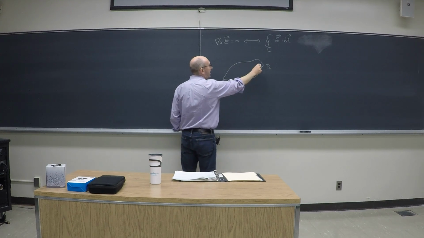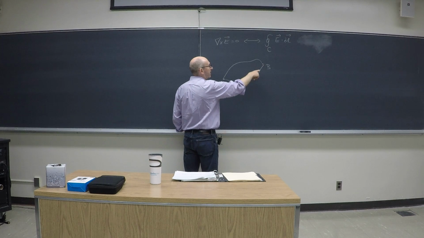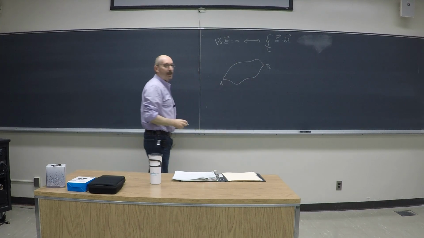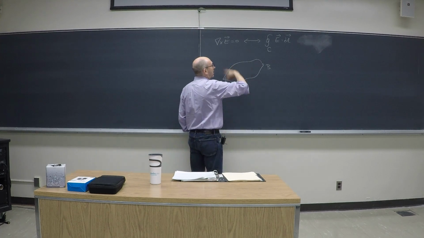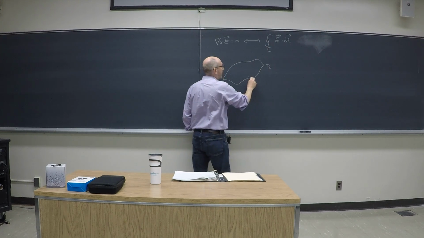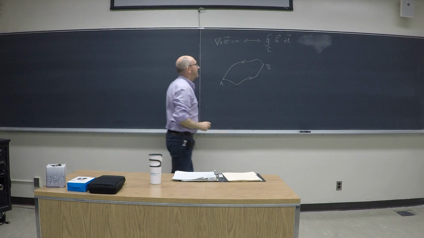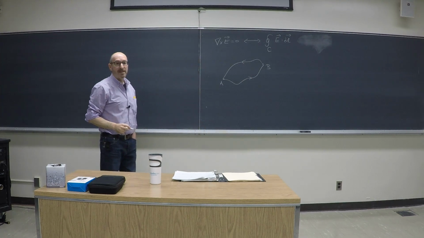So we go from A to B on the downward path, and we go from B to A on the upward path. And so if we go around this way counterclockwise, then the integral on that curve will be 0.